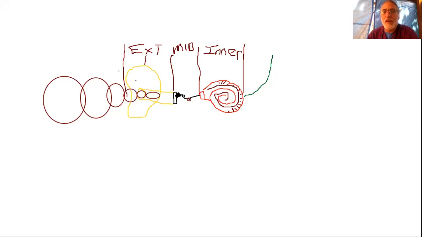Those sound waves don't get to the tympanic membrane, which then cannot vibrate because the sound waves are not hitting it, which means these bones don't vibrate, which means the oval window doesn't vibrate, and we don't form any fluid waves in the inner ear, causing the cilia to vibrate, and we don't have any electrical impulses being sent to the brain.